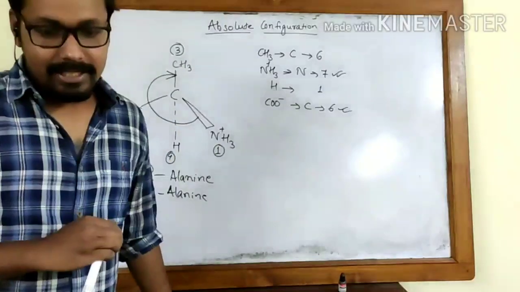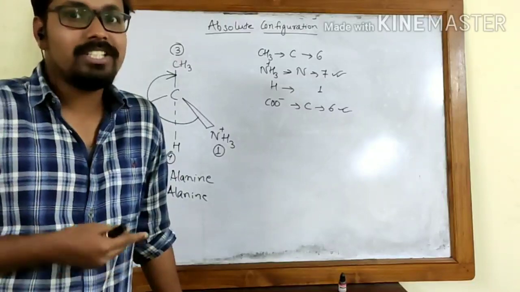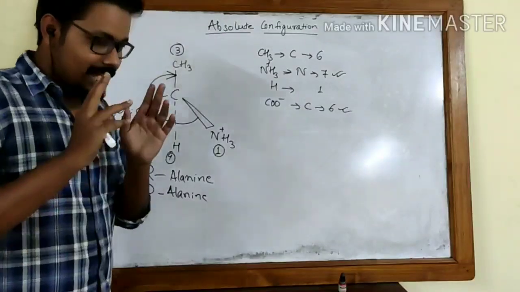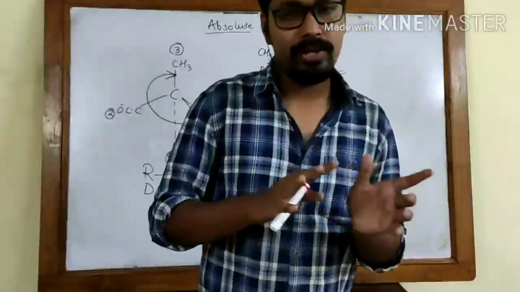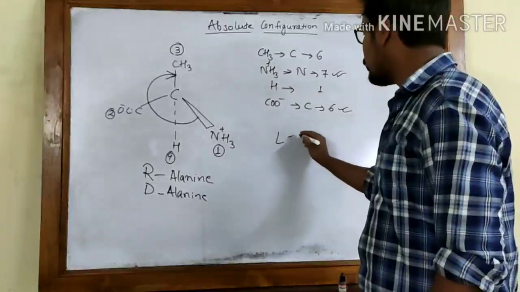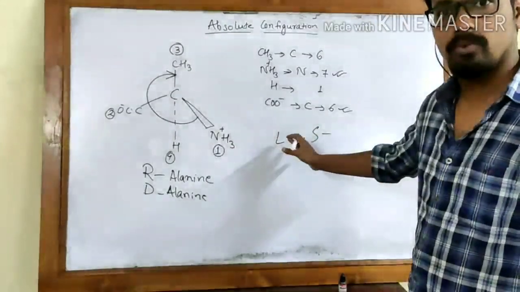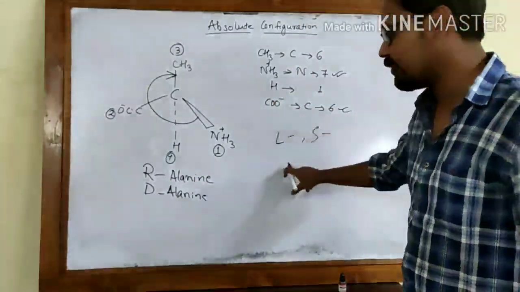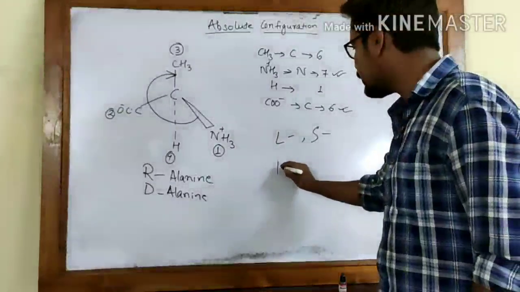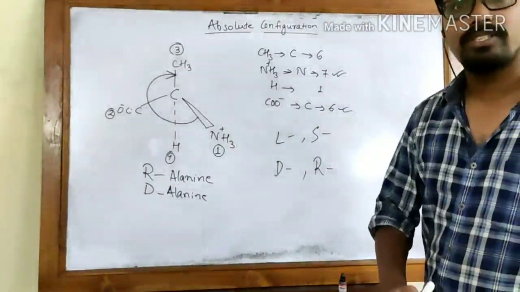For cysteine, L cysteine has the R configuration, which is different, because for every other L amino acid we will have the corresponding S configuration. So L and S go hand in hand. Whatever amino acid has the L configuration will also have the S configuration, and whatever has the D configuration will have the R configuration, except for cysteine.